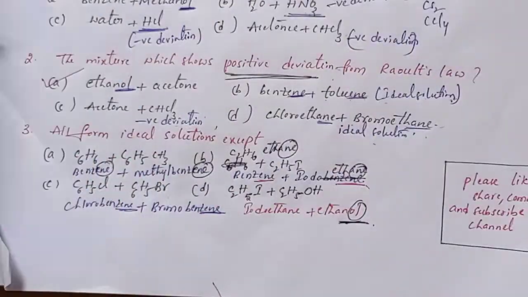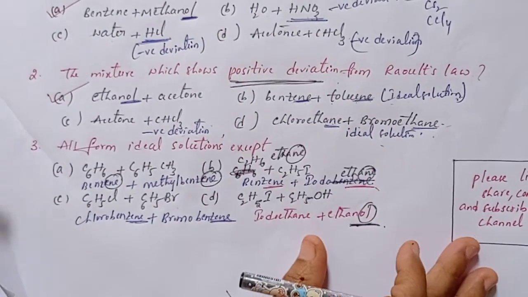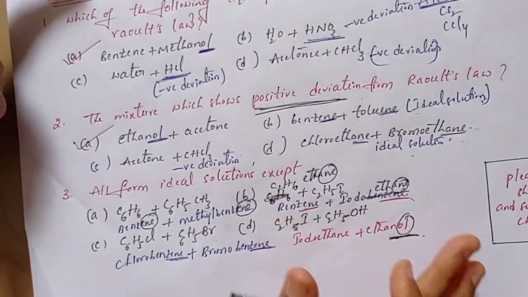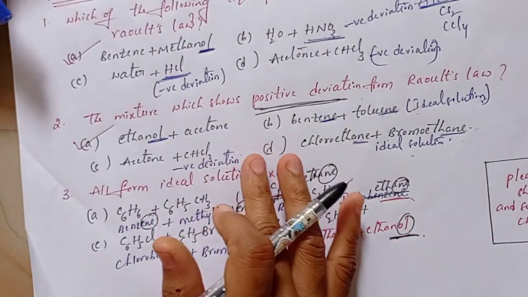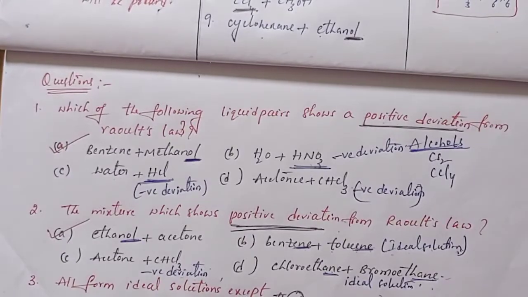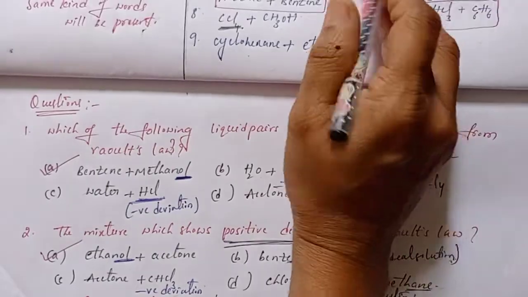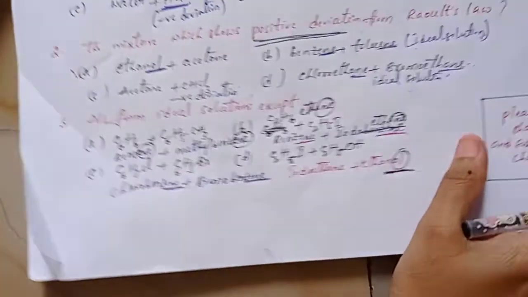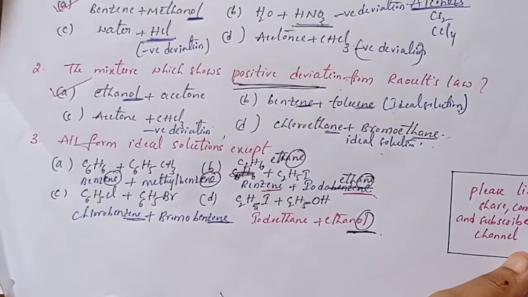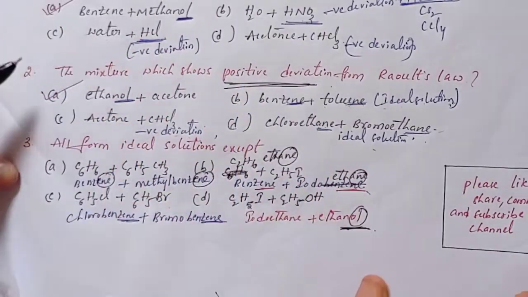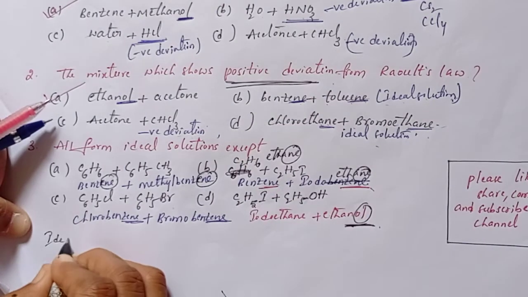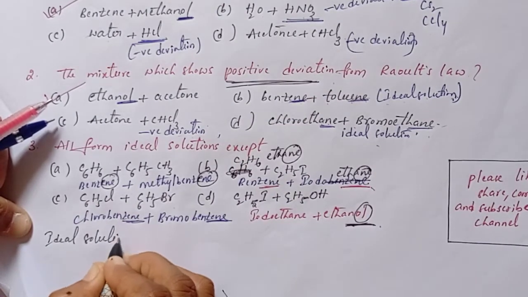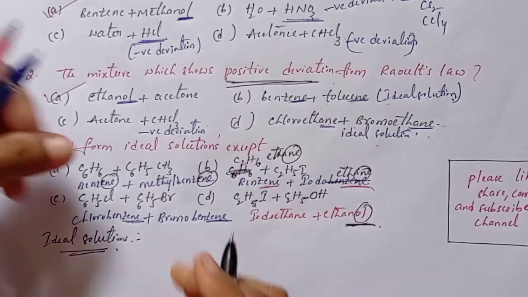So finally what we can say, students: ideal solutions mostly are those where the same kind of words, identical words, are there in the two examples. Positive deviation is mostly shown by alcohols, CS2, CCl4. Clear this one. See here students, I am writing the summary finally. Ideal solutions: what is the clue, students?